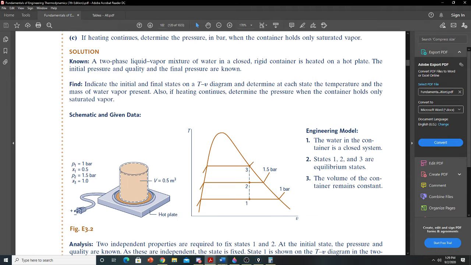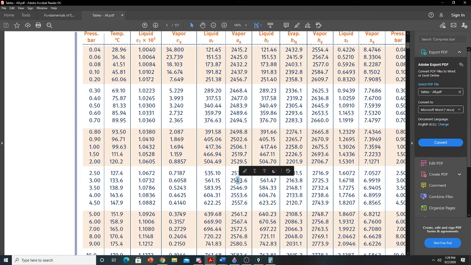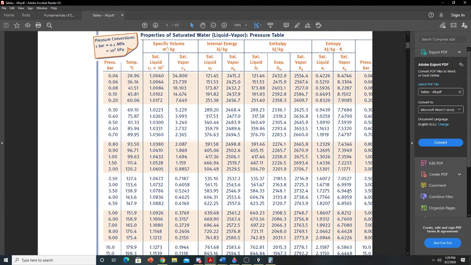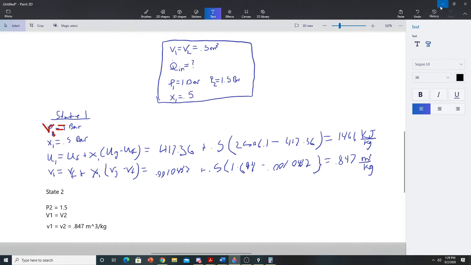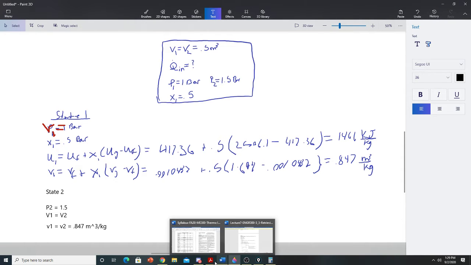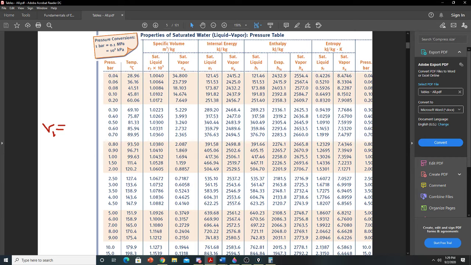So let's go look at the tables. Remember our numbers: it goes up to 1.5 bar. The second pressure is 1.5 bar after heating. We were given a little v value of 0.847.